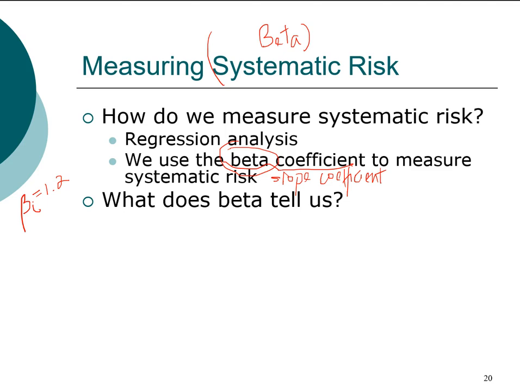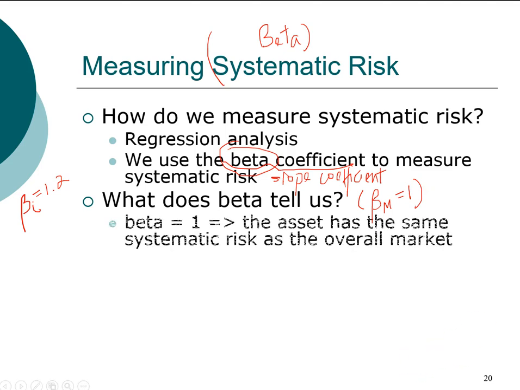So what we do is we standardize a very special beta, and that is the beta of the market. We say that the beta of the market, let's make that 1. That's basically a basic unit. If we let the beta of the market equal 1, that means any stock that has a beta of 1 will have the same risk as the market.